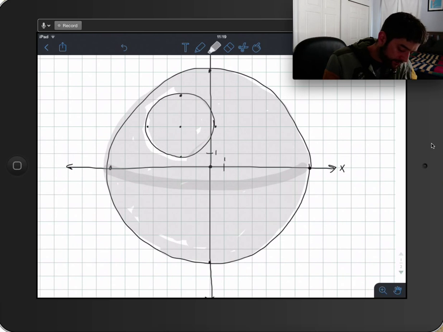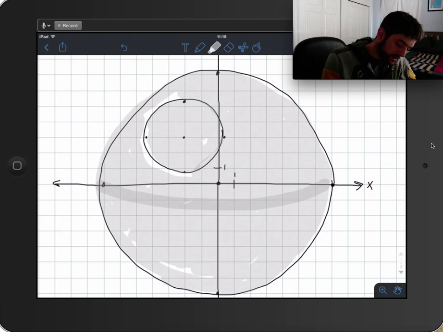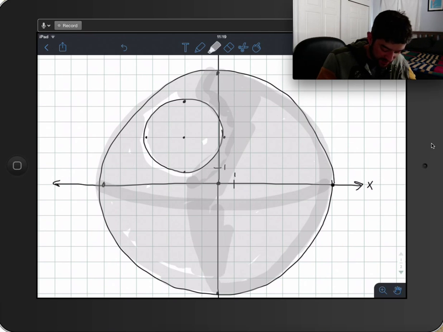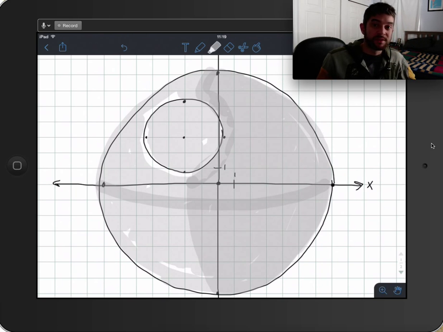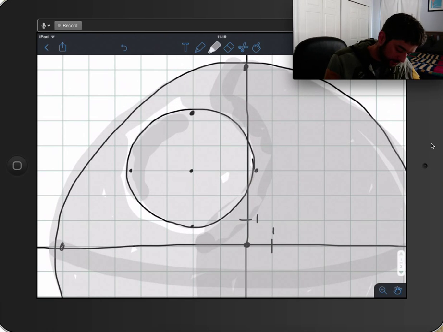The reason is the definition of a circle is the set of all points equidistant from a specific point, which is the center. Since it's the set of all points that are the same distance from a center, obviously it has to be related a little bit to the distance formula.